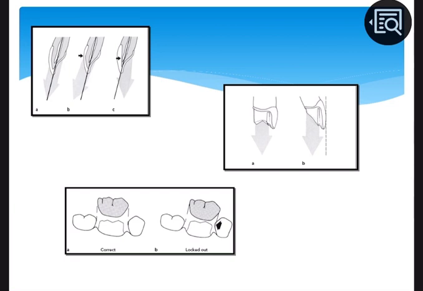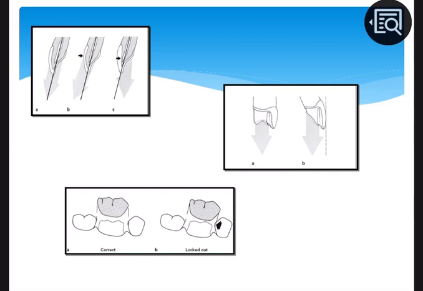So in the second box, there are two pictures, A and B. In these pictures, we will see partial coverage crown preparations. In picture A, the partial coverage crown preparation is done on the maxillary posterior tooth, a premolar. In this, the path of insertion is along the long axis of the tooth.